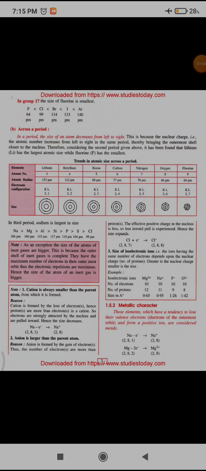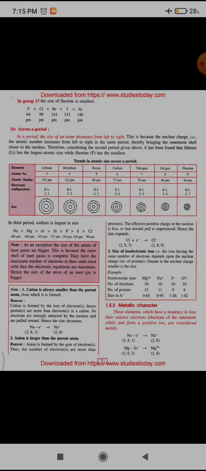This is the common thing, that only metals will show the metallic character and non-metals will not. Just to understand simply, metals show the metallic character, and you know how to tell whether an element is a metal or non-metal.